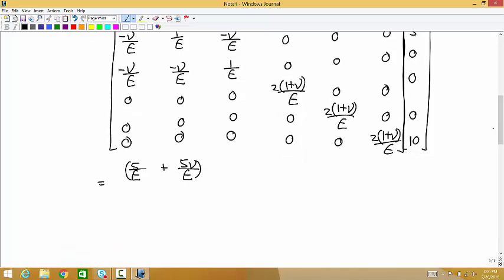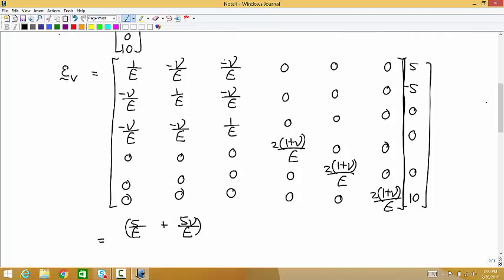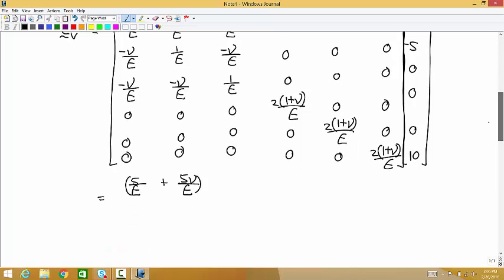Are you following what I'm doing here? Okay. And then the second one is negative 5 nu over E. Are those values given in the question? Those values? Yeah, that's the stress tensor. The 5s and the 10. Not like the nu and the E?